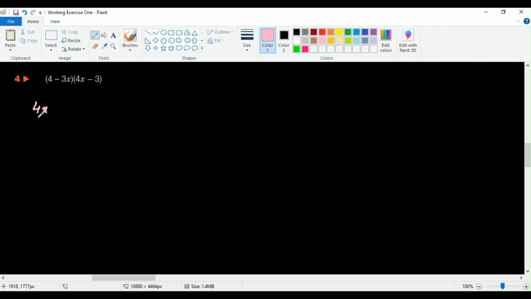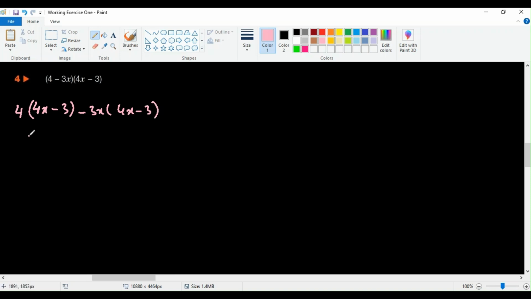4x minus 3 I will write two different times, minus 3, then is going to be multiplied by 4 and minus 3x in between. I will rewrite the whole thing once again. So that means we are multiplying minus 3x with the same thing, 4x minus 3, as you can see.